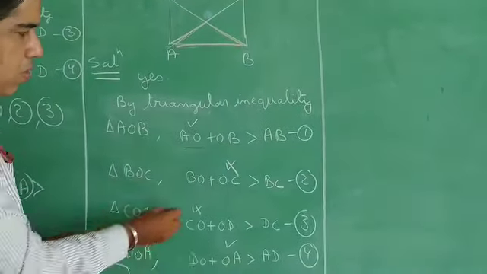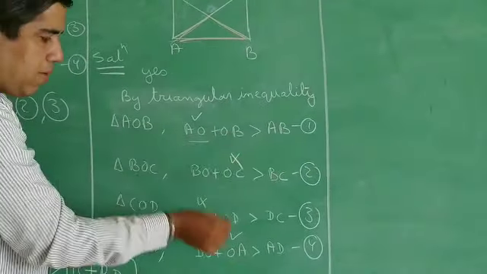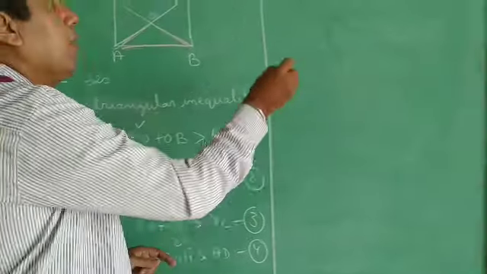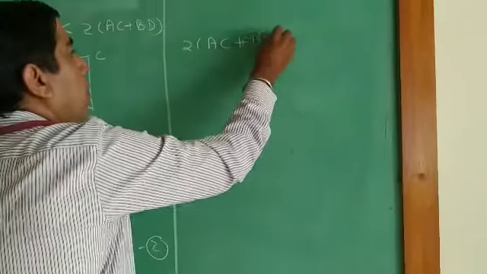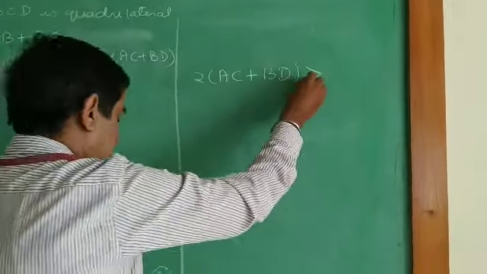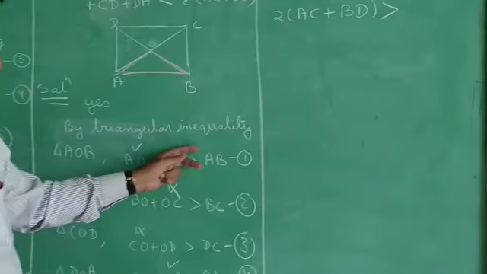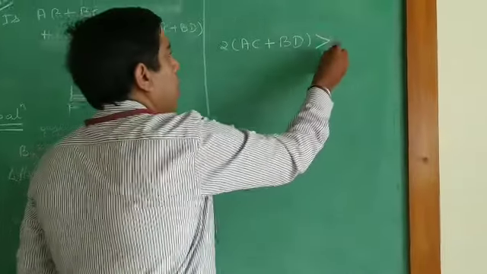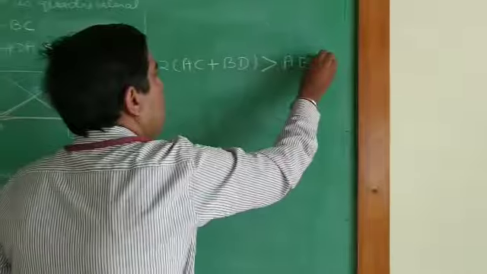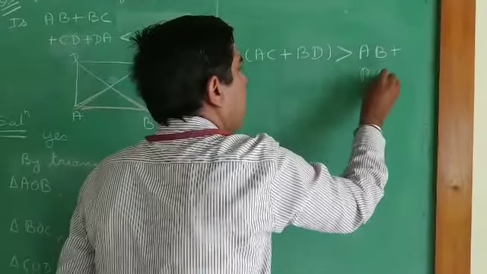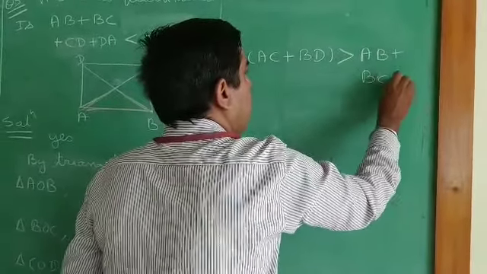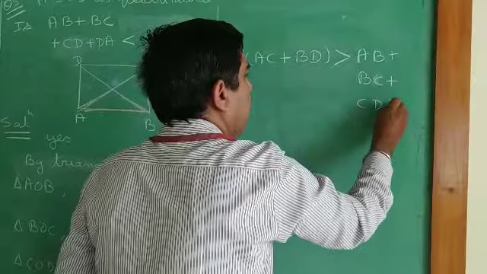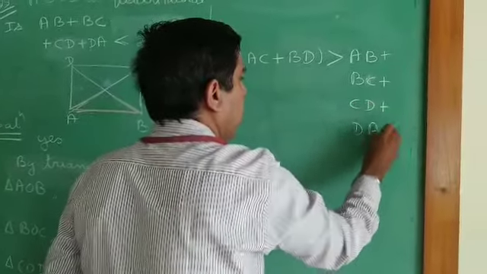Similarly you can see here, OB is also 2 times, OD, so it comes BD. BD is greater than. Now you can see it is coming all AB plus BC. So I am writing here AB plus BC plus CD plus DA.